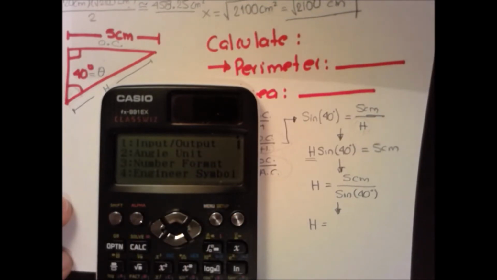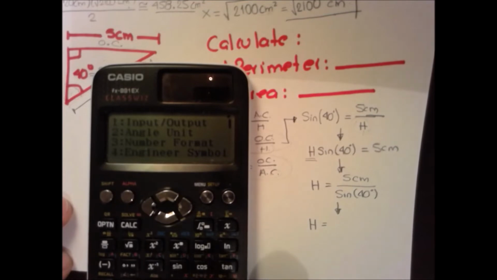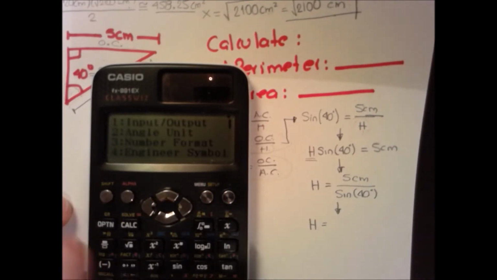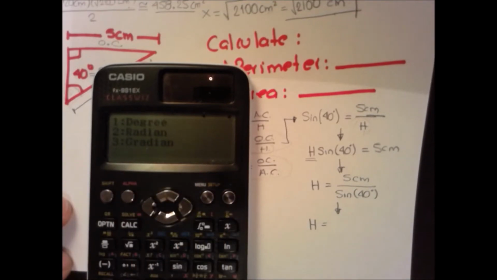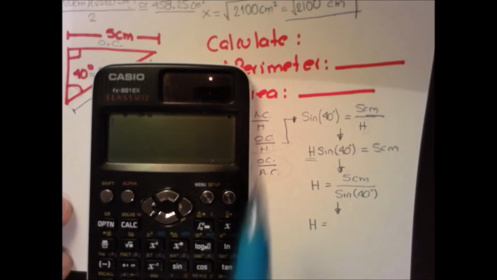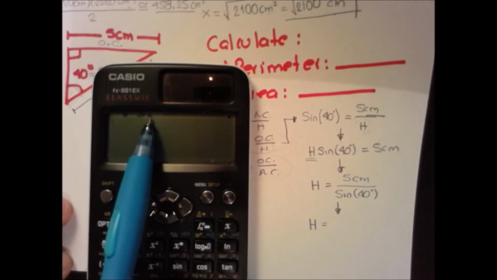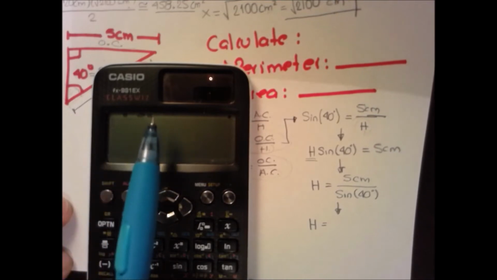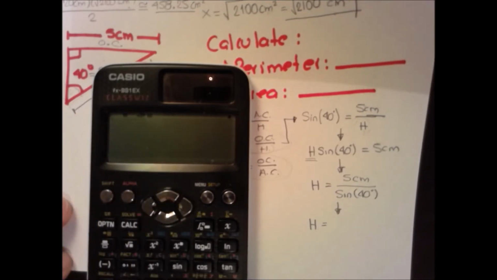In that kind of calculator, it is shift, menu, number 2, that is angle unit, and select number 1, that is degrees. Here you are going to have a little D. In your calculator it could say DEG, of degrees. Well, in that case you can use it.